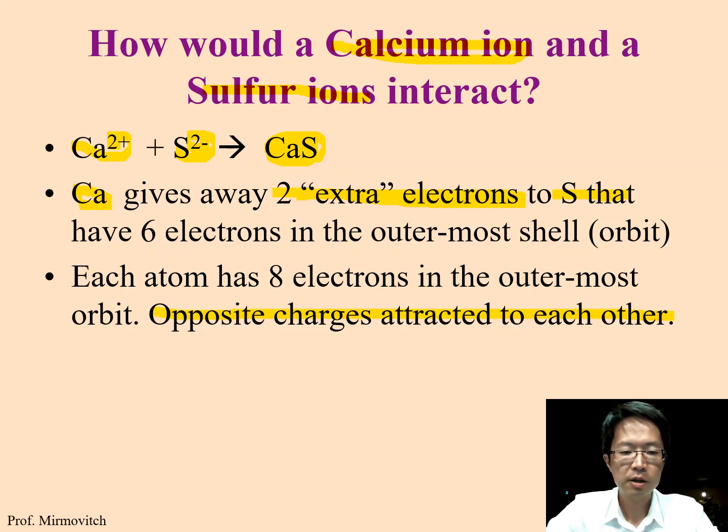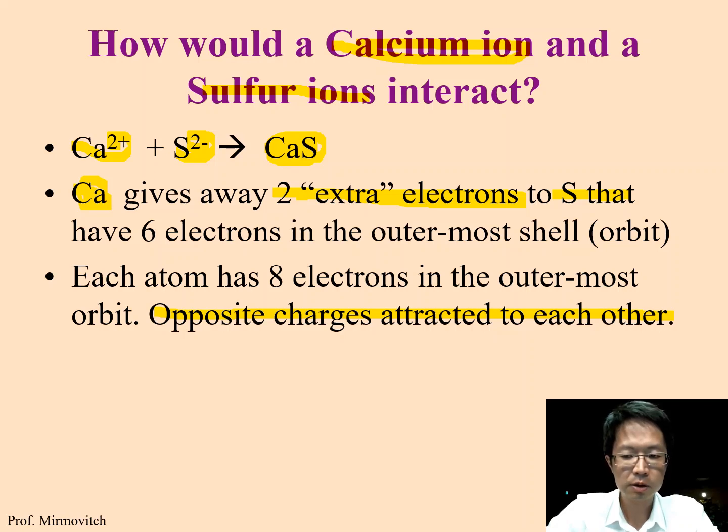Calcium has a 2-carat diamond ring, and sulfur really wants a 2-carat diamond ring. So calcium, like a guy, proposes to the sulfur. Calcium gives the 2-carat diamond ring to sulfur. Sulfur gets the ring and becomes very happy. And then they form a bond.